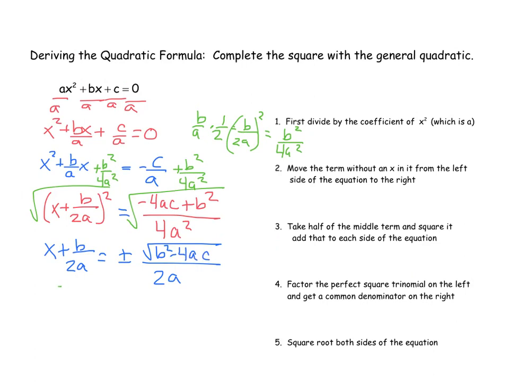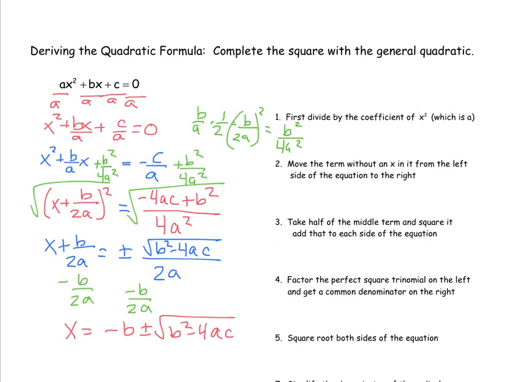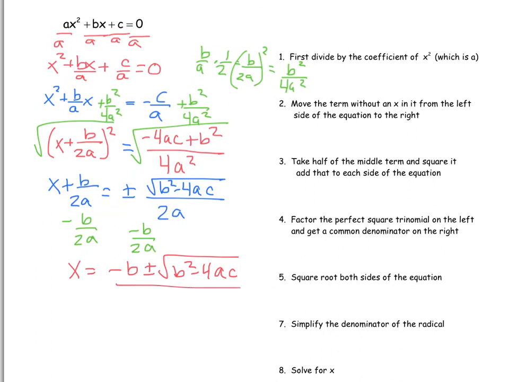As you can see, we're almost there. Now I'm going to subtract the b over 2a. I already have common denominators, so here's my answer. X equals negative b plus or minus the square root of b squared minus 4ac all over 2a. And that's where the quadratic formula comes from.